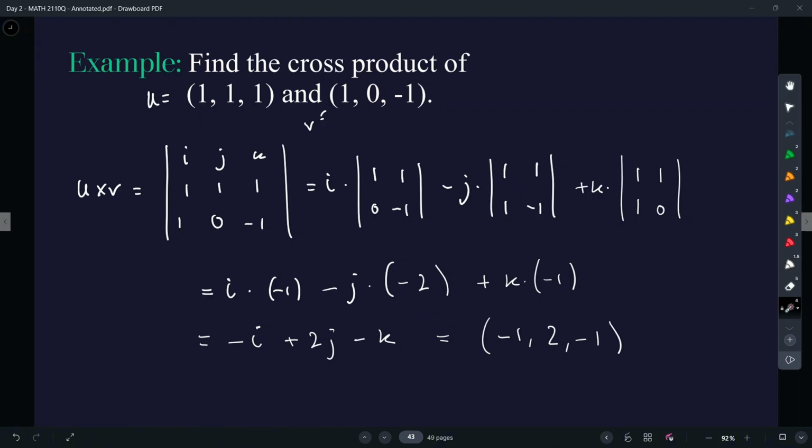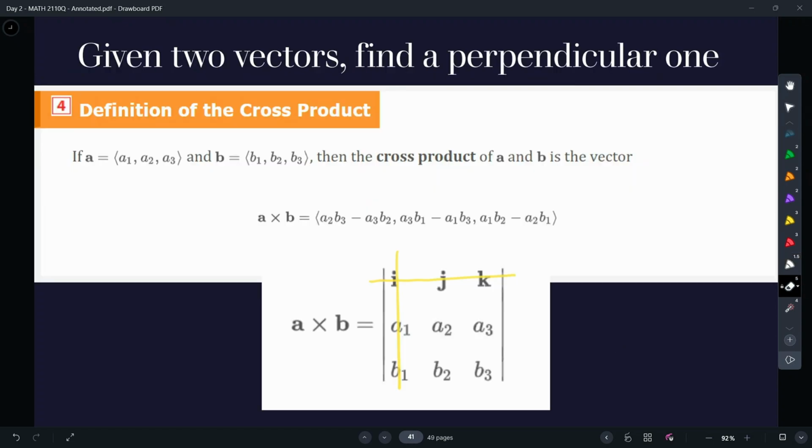So in this determinant, it is plus k times 1 times 0 minus 1 times 1. Right? This determinant right here is 1 times 0 minus 1 times 1. So it's the main diagonal minus the product of the anti-diagonal. So the first term will be i times the determinant that appears when I remove the first row and first column.